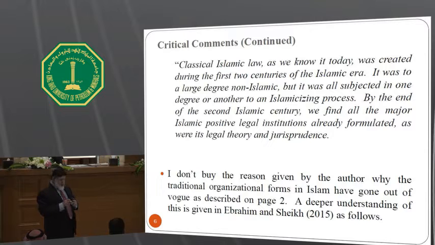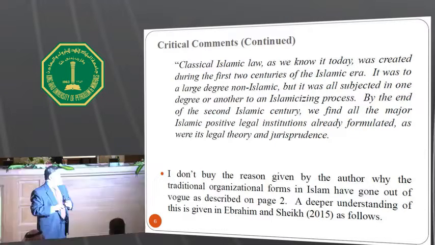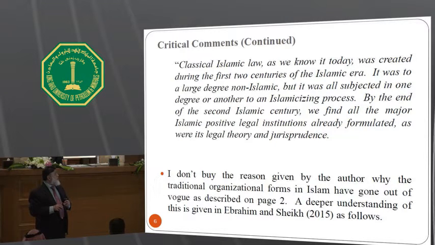Classical Islamic law as we know it today was created during the first two centuries of the Islamic era. It was to a large degree non-Islamic, but was subject in one degree or another to an Islamicizing process. By the end of the second Islamic century, we find that all major Islamic positive legal institutions were already formulated, as were its legal theory and jurisprudence.